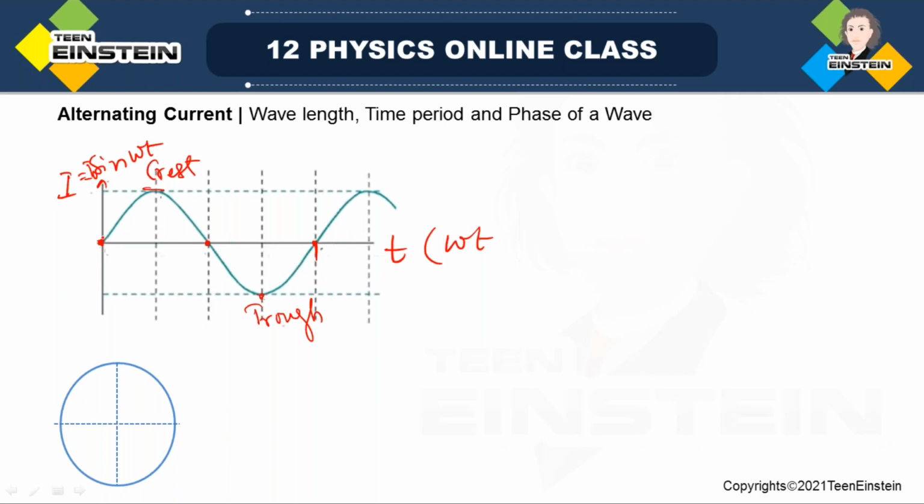If you go lengthwise, the distance traveled in a full cycle is called the wavelength. So the length of a full cycle is called wavelength, denoted by lambda. Sometimes people go crest to crest, or trough to trough, which can also be defined as lambda. At least you need to know that one full cycle has to be completed.